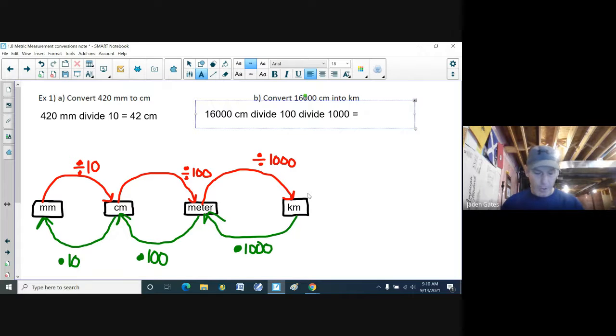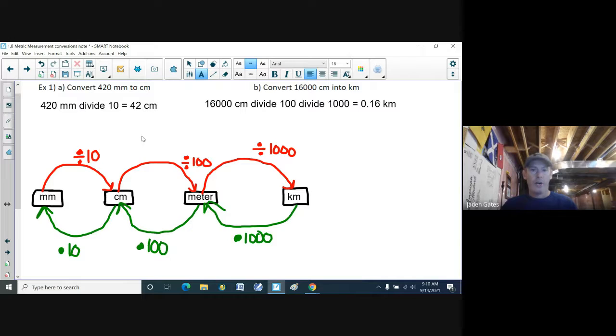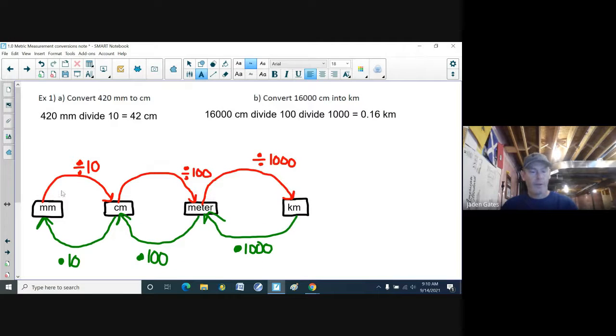I can do this all in one step. I get 160. Then I take the 160 and I divide by 1,000 and I get 0.16. And I can't forget my units here. Kilometers. So when there's more than one step, we just do the number of steps or the jumps that it takes. All right, so that is going the red way.